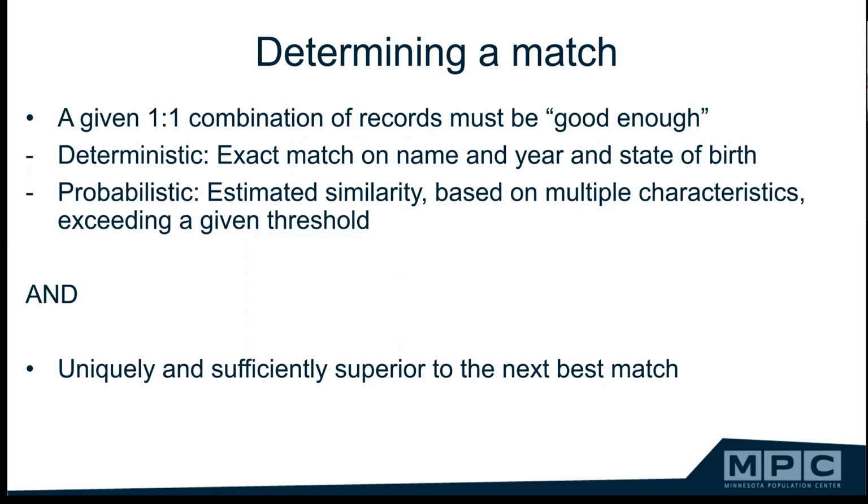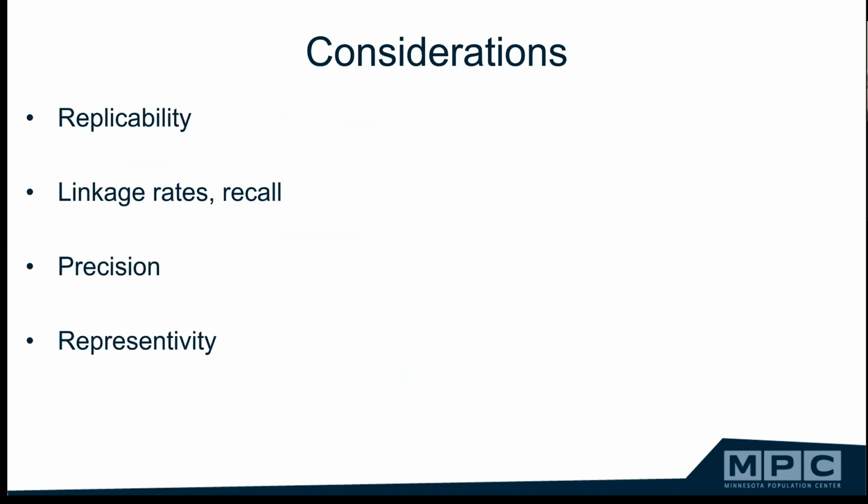So that's kind of the game plan. At this point, we've determined the blocking criteria, we've defined the potential matches, and we've determined our links based on these two criteria: that the potential match is good enough and that it's sufficiently much better than the next best potential match.